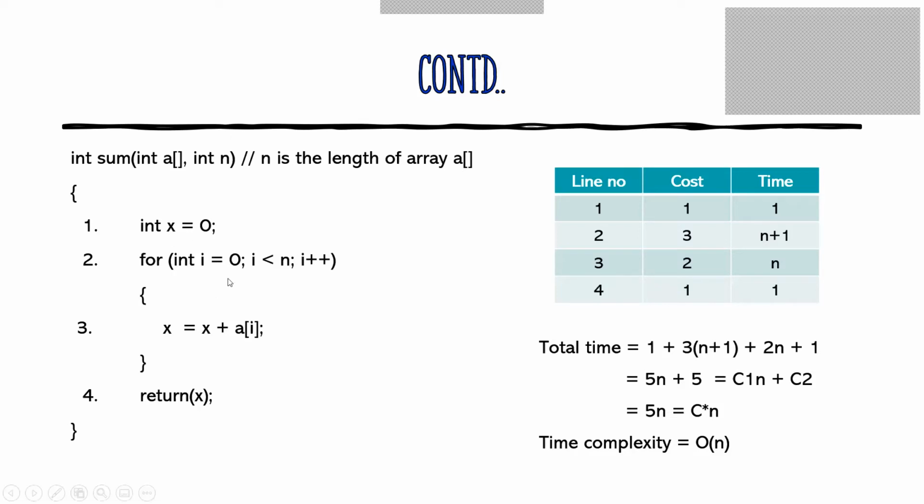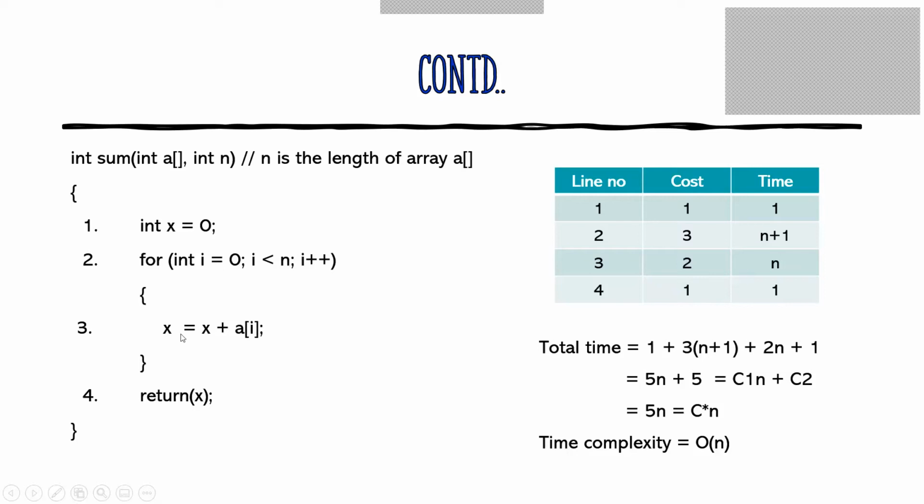The first line is 1, second line 2, then third line, and this is the fourth line. So there are a total of 4 lines in this function. It's a bit complicated to calculate time complexity, so just see carefully.